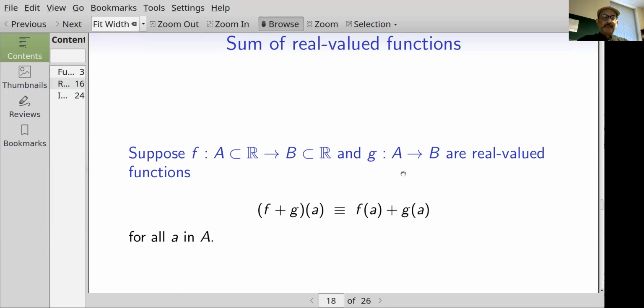So we have a function F, we have a function G. We create a new function, F plus G. Well, what do we mean by F plus G? F plus G is the function such that if it acts on a, it gives us f of a plus g of a for all a in the domain of F and G.